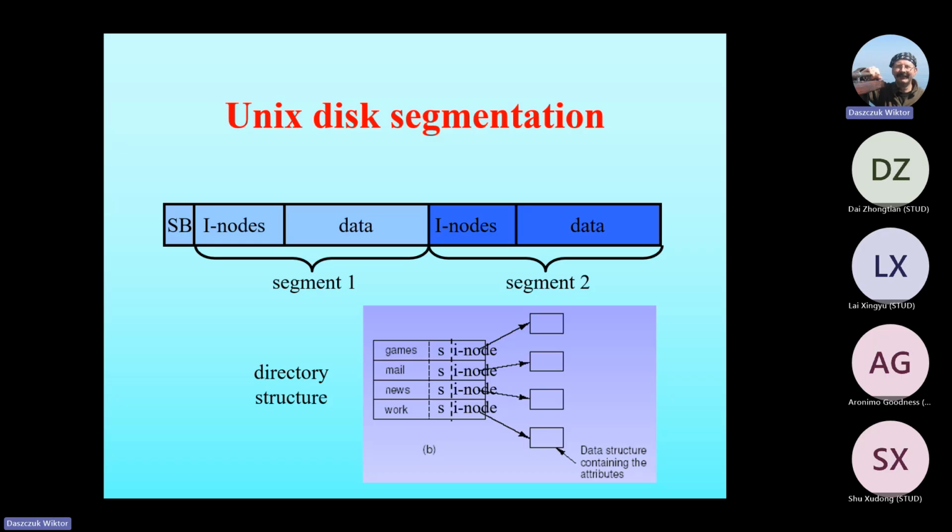the idea of this is to keep different allocation unit size in those segments. Small blocks for small files to save on internal fragmentation, and large blocks for large files.